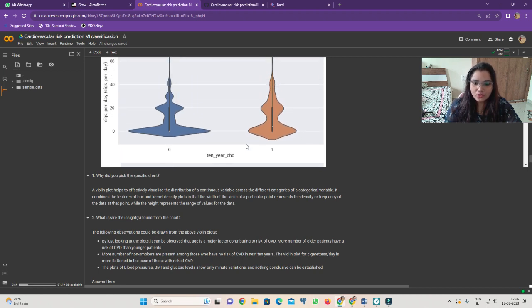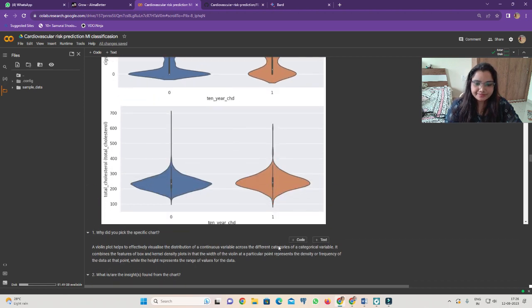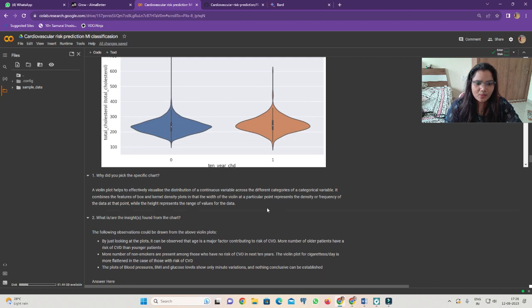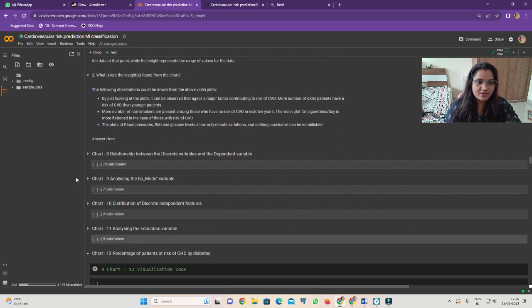More older patients have the risk of CVD than younger patients, and more non-smokers are present among those who have no risk of CVD in the next 10 years. The violin plot of cigarettes per day is more flattened for those with the risk of CVD. The plots of blood pressure, BMI and glucose level show only minute variation, and nothing conclusive can be established.